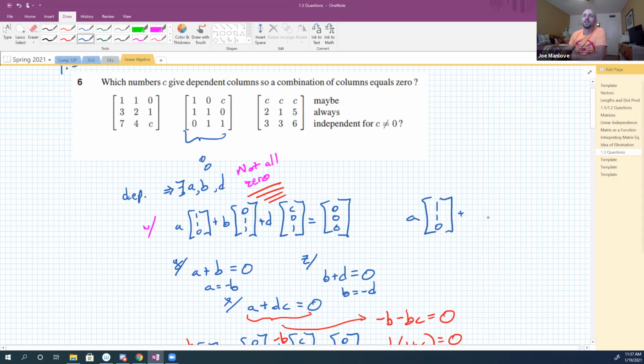And so we have A times 1, 1, 0 plus B times 0, 1, 1 plus D times minus 1, 0, 1. And these I can see are pretty clearly dependent, right? If I take this one, subtract that one, then I'll get a 1 and a minus 1.